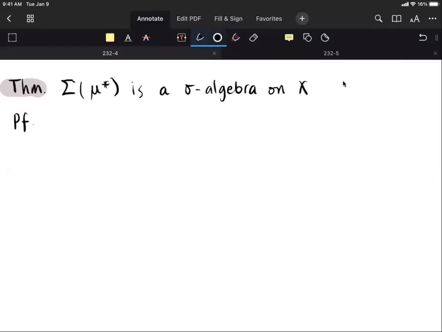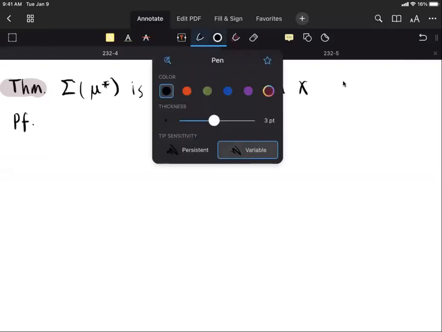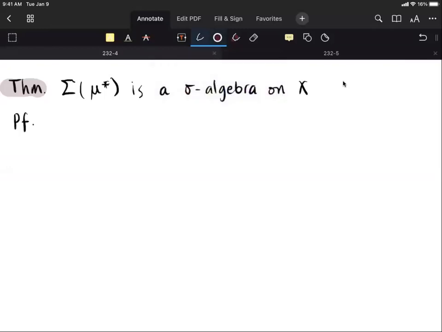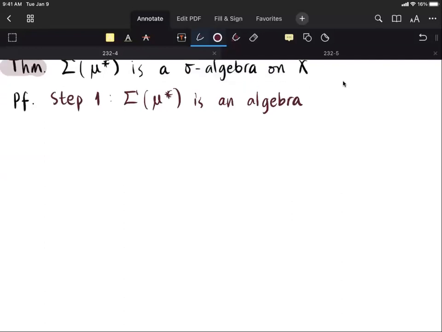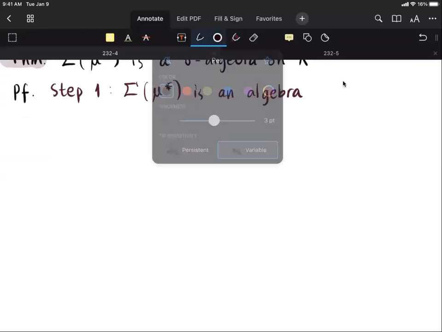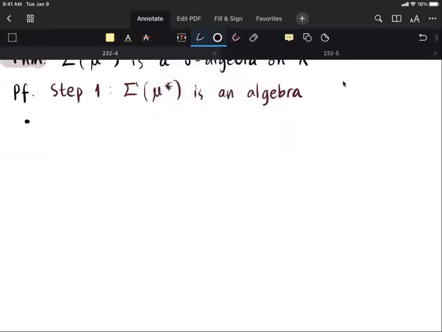So let us look at the proof. Let's start with the first step, and that is showing that this is an algebra. So first, let us verify if X is measurable.